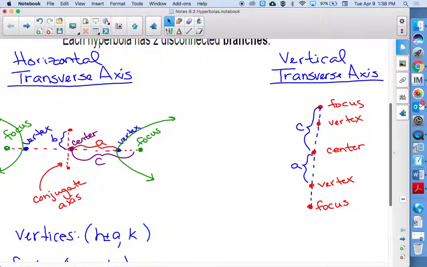So that is our transverse axis, where all the important pieces lie. The other axis is that conjugate axis that helps us determine how wide or narrow those branches are, and that's B. So again, we will look at that information.